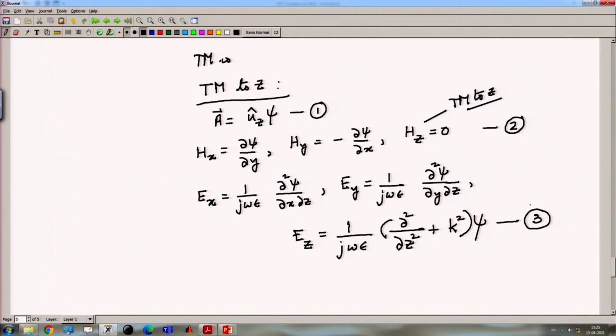This equation also we have studied before. So, all these are the field distributions of the TM to z mode.